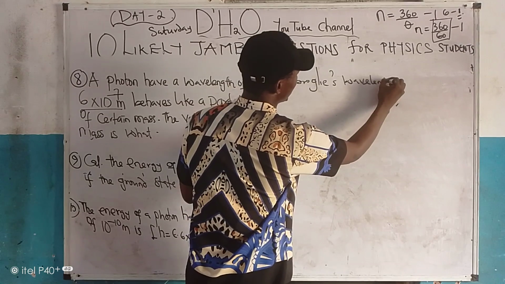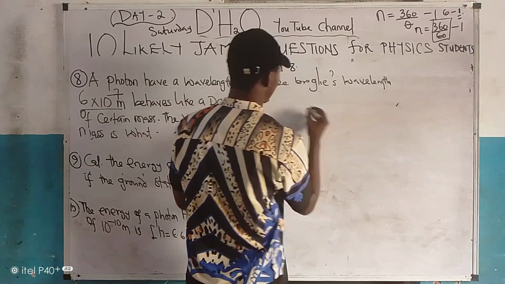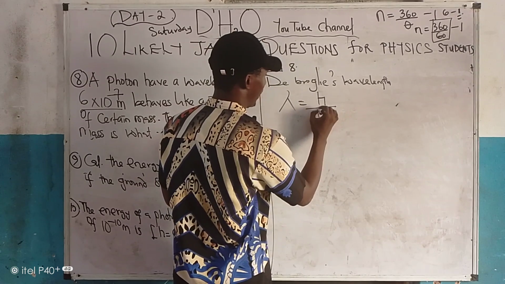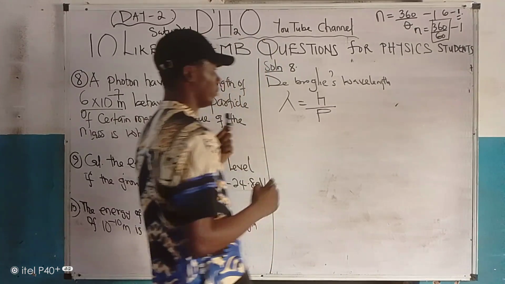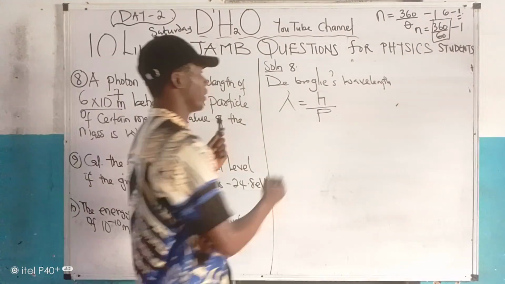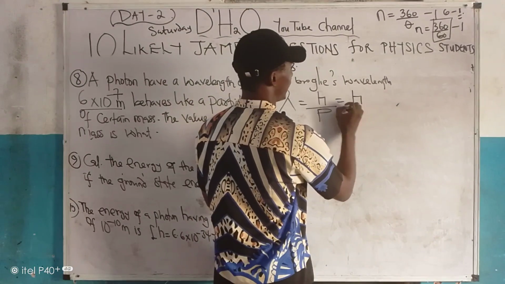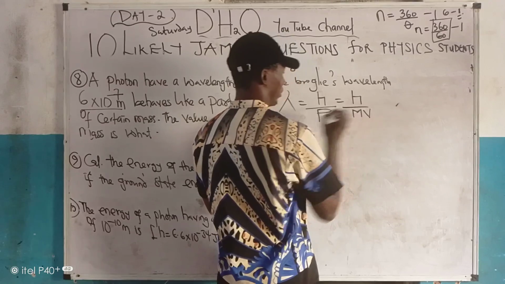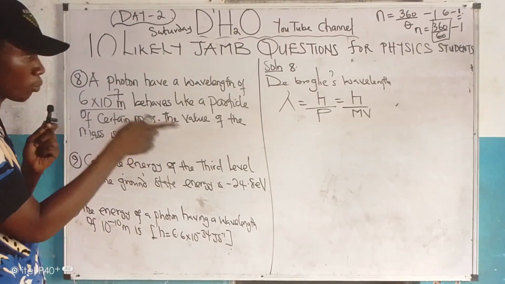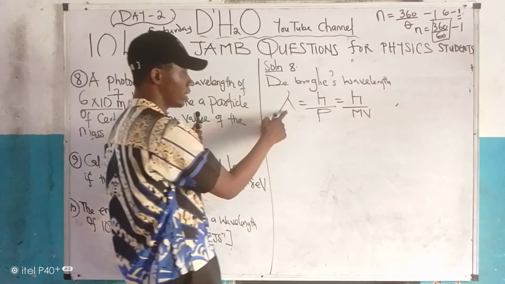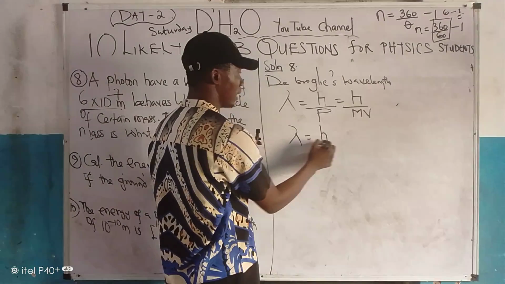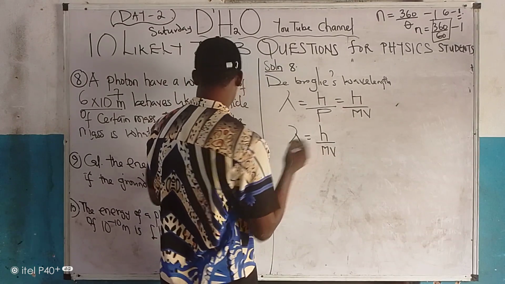Remember, the wavelength is Planck constant over momentum. And remember that momentum is mass times velocity. So we have Planck constant over mass times velocity. We are not working with momentum because it was not given here, so we work with the other formula. Let's bring it together. Wavelength is Planck constant over mass times velocity.